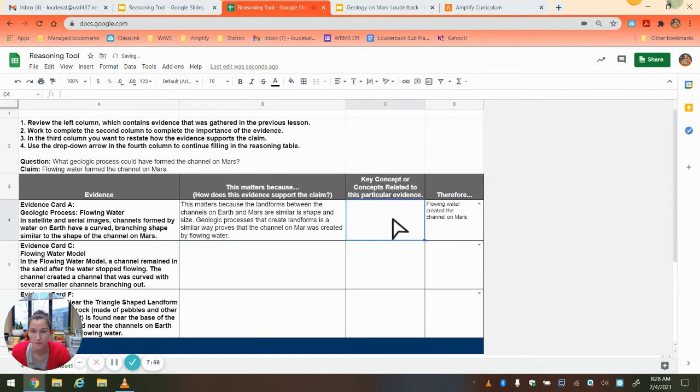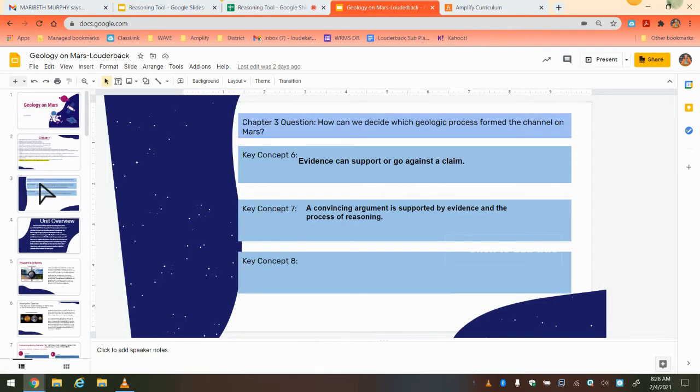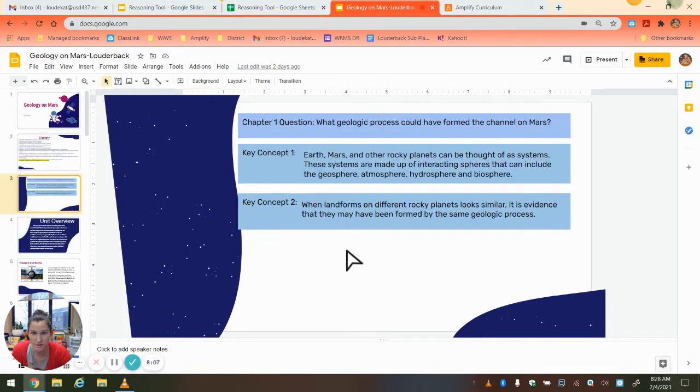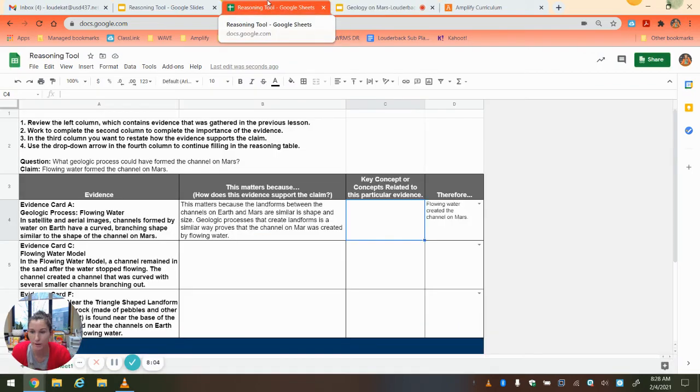All right, so then here, the key concept that's related to this particular evidence. I'm going to open up my notebook and find my key concept, and I would say this is key concept 2: when landforms on different rocky planets look similar, it is evidence that they have been formed by the same geologic process.